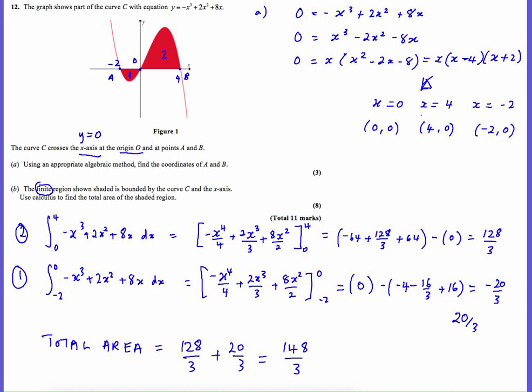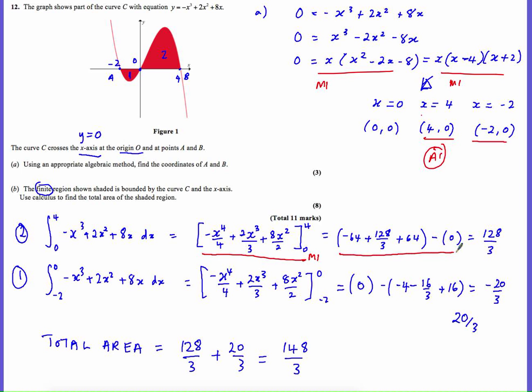Where do you get your marks from? So 3 marks here: 1 for factorising it, first step, second step, so method mark there, and 1 for all of your answers, well, for these two. They weren't worried about 0, 0, since they told you that in the question. The next one, integrating this correctly gives you 1 mark.